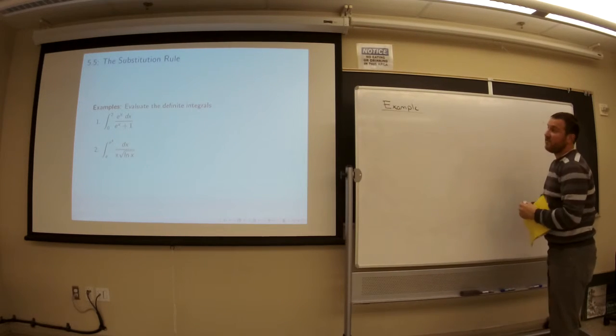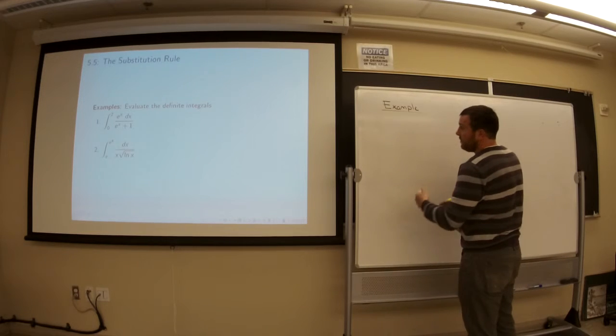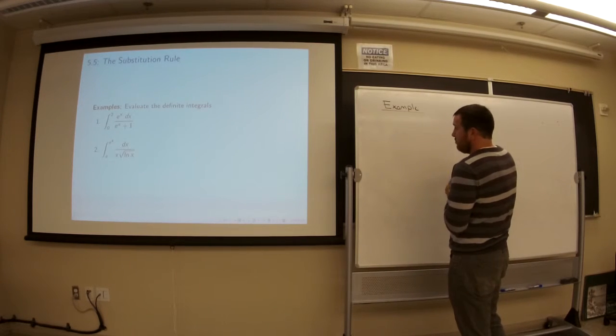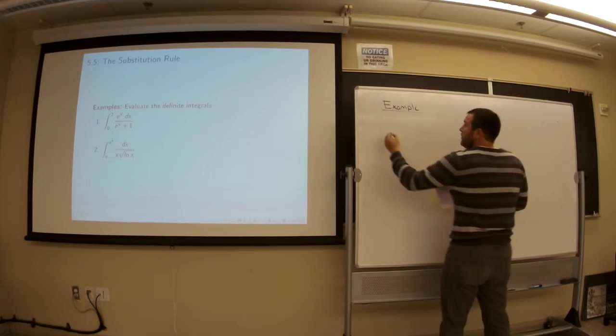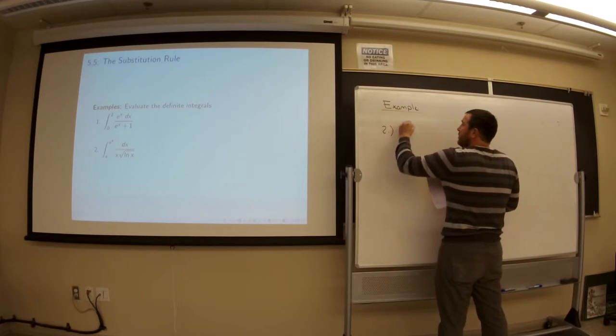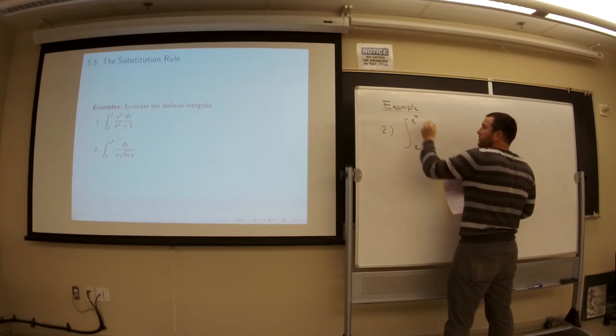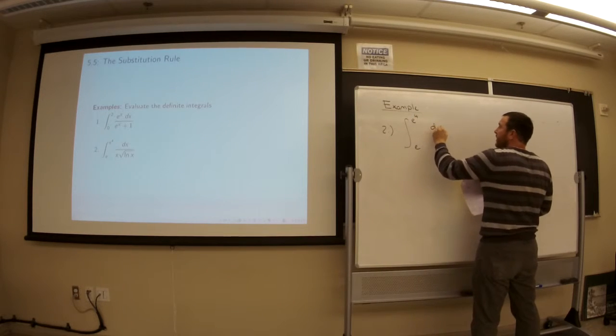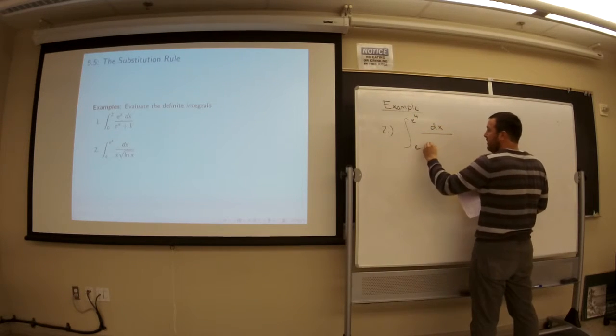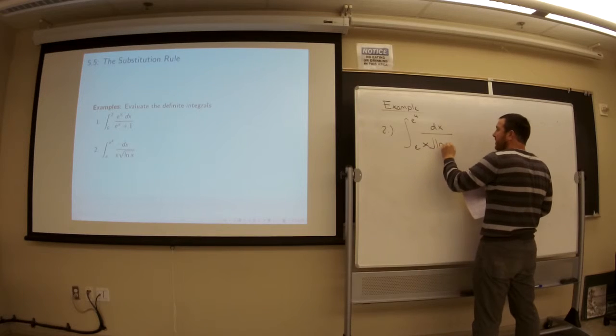Okay, so for our last example, we'll be doing the integral from e up to e to the 4th of dx over x times the square root of the natural log of x.